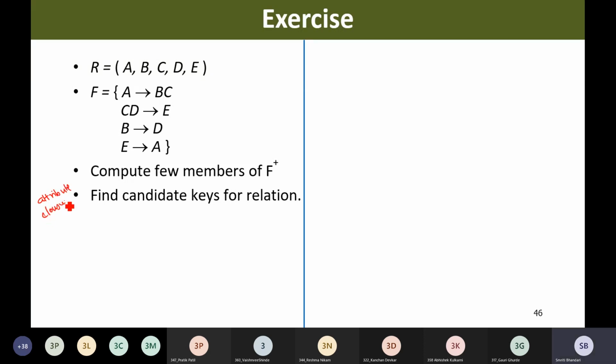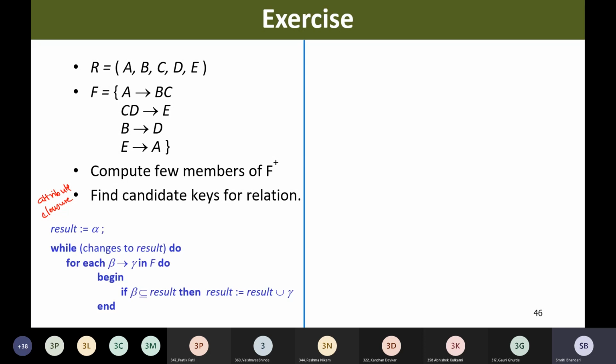So let us recall the algorithm for computing the attribute closure. The result is assigned to alpha; while there are changes to result, for each beta determining gamma in F, that is, for each functional dependency in F, if beta is a subset of result, then result is updated as result union gamma.